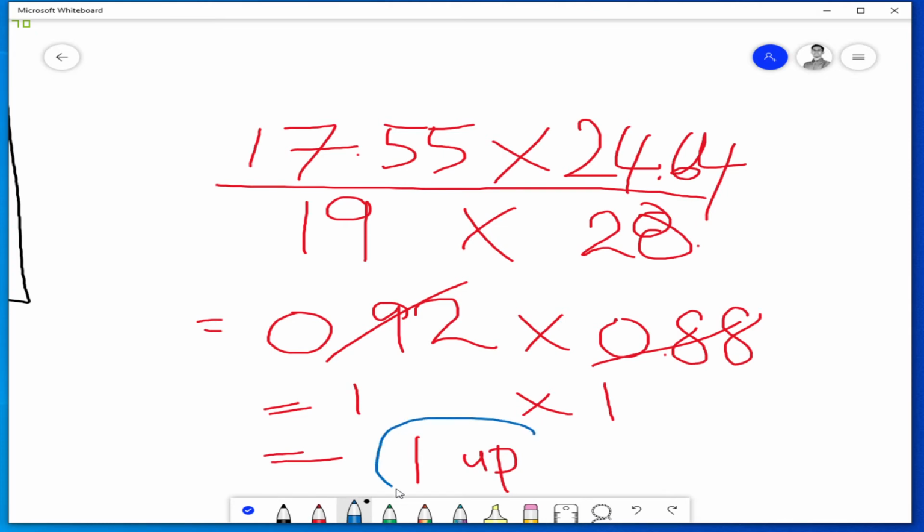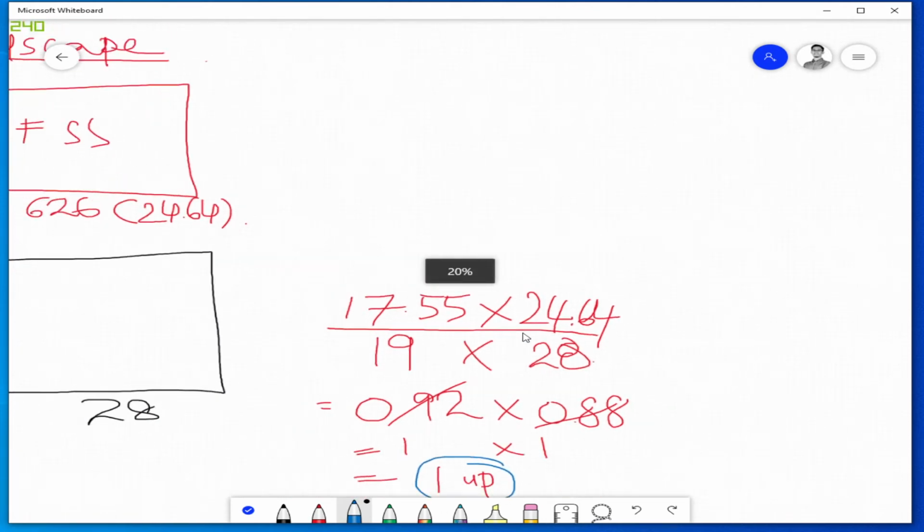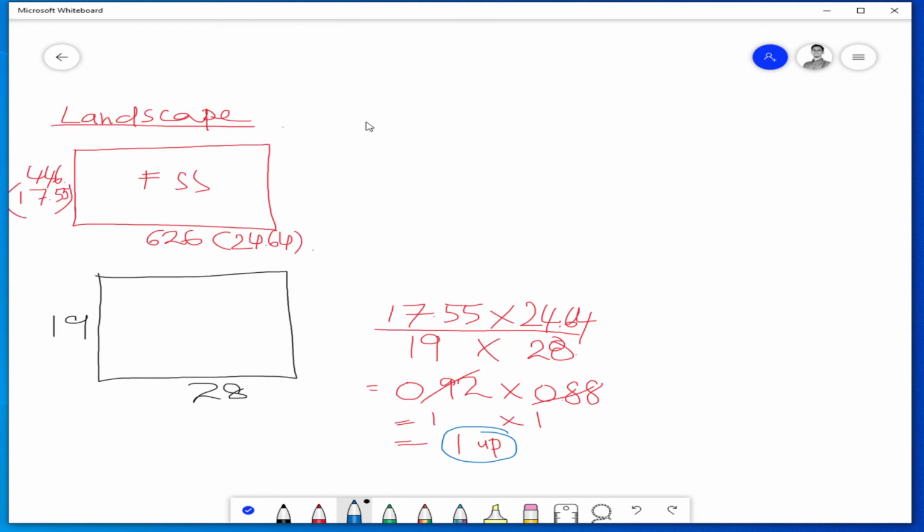So if I could draw this, kalau boleh saya lukis ni. Okay. So if I can draw this, ni dia akan masuk macam ni. Okay. So this is a 17.55.